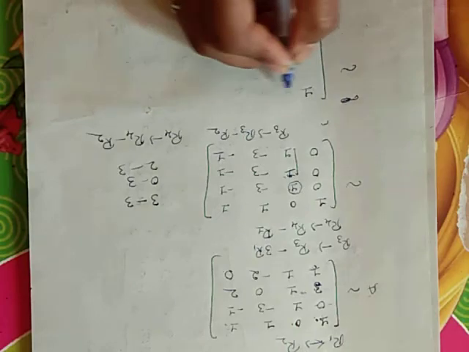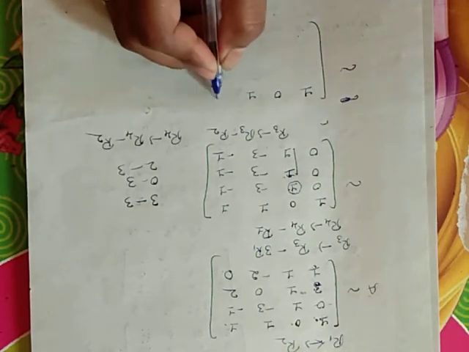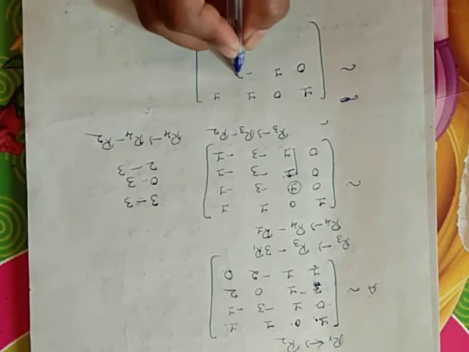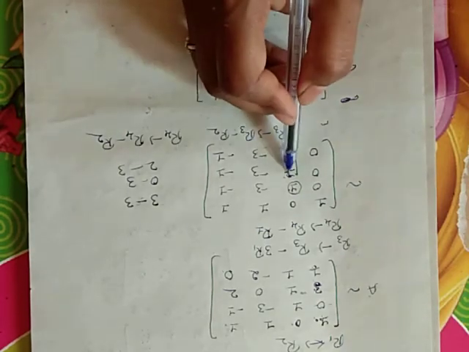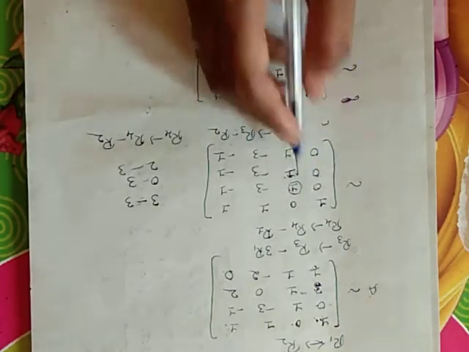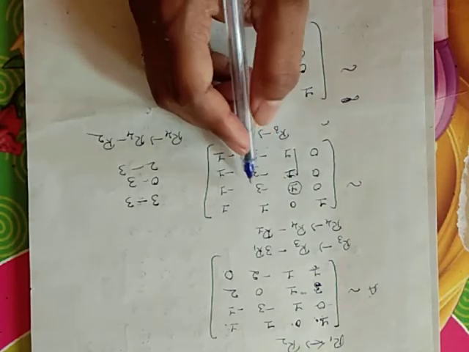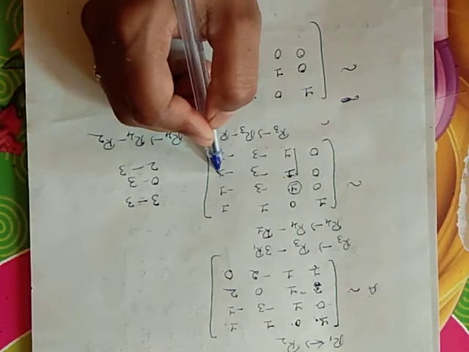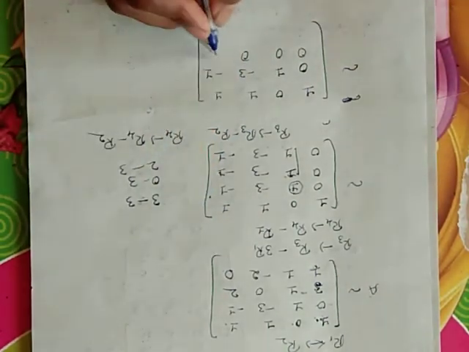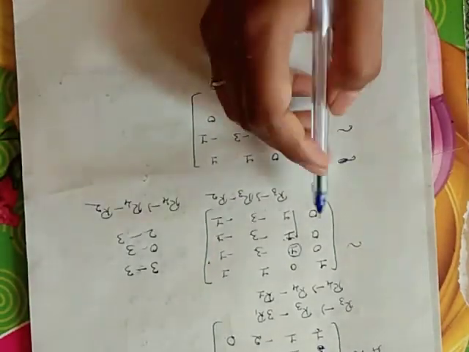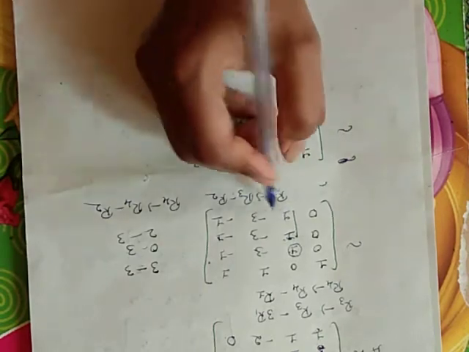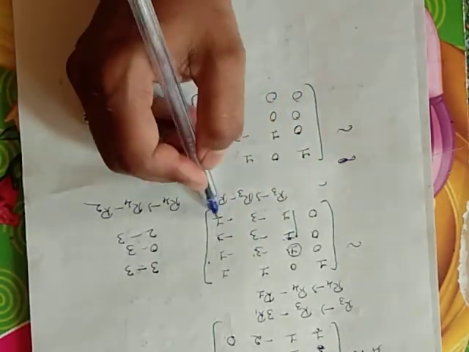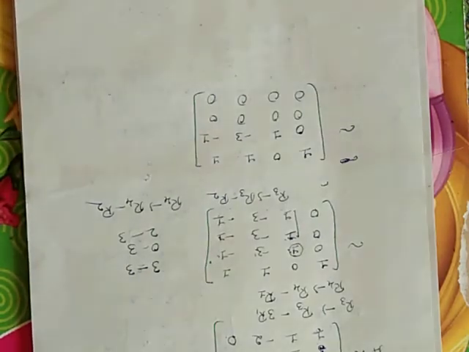So 1, 0, 1, 1. The second is as it is, 0, 1, minus 3, minus 1. Then 0, 1 minus 1 is 0, 0 minus 0 is 0, minus 3 minus of minus 3 plus 3 is 0, minus 1 minus of minus 1 plus 1 is 0. Then 0, 1 minus 1 is 0, minus of minus 3 plus 3 is 0, minus 1 minus of minus 1 plus 1 is 0.